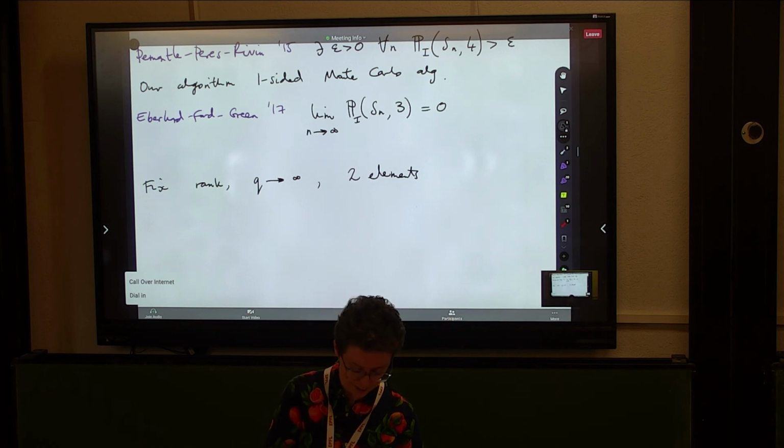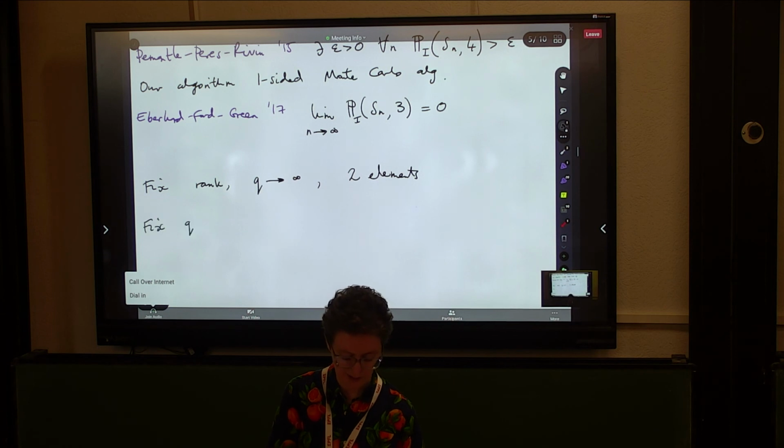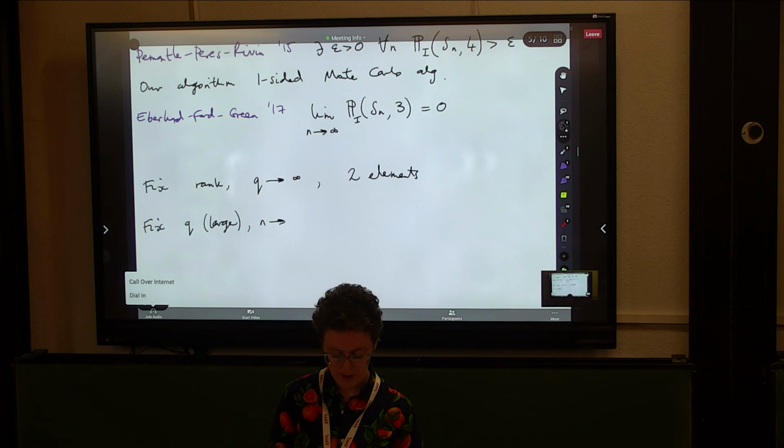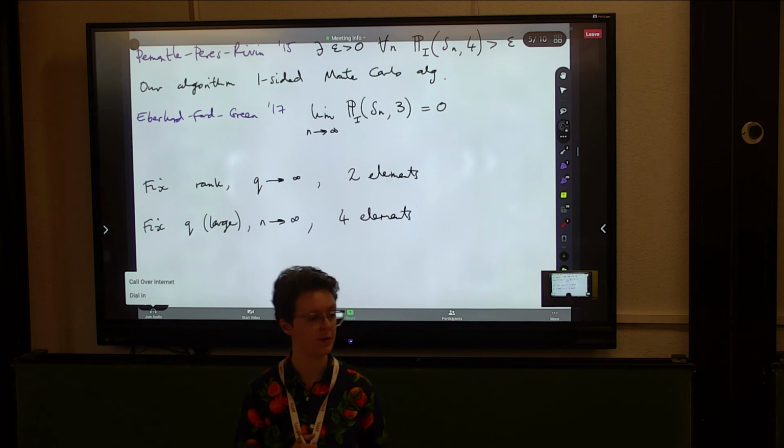And if you fix Q, but it has to be large, and you let n go to infinity, then you need 4 elements to bound your probability away from 0.